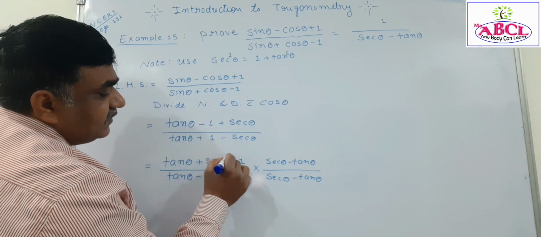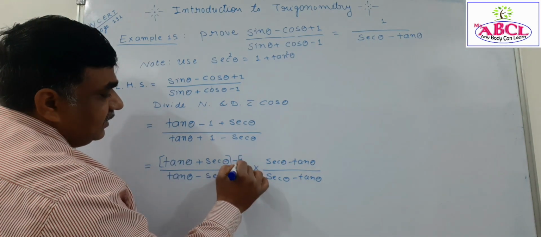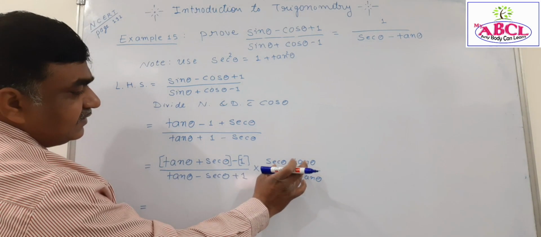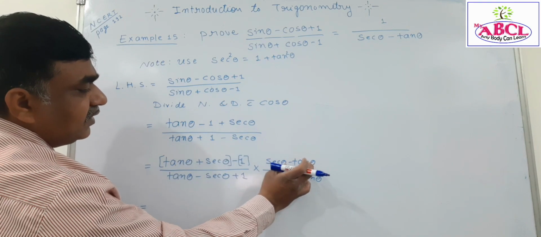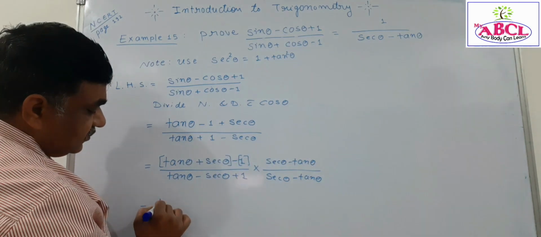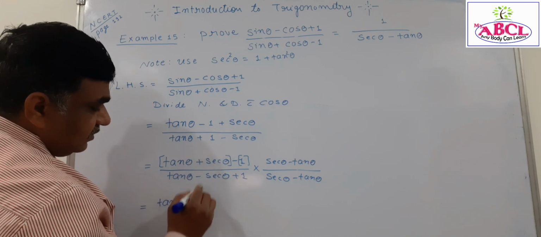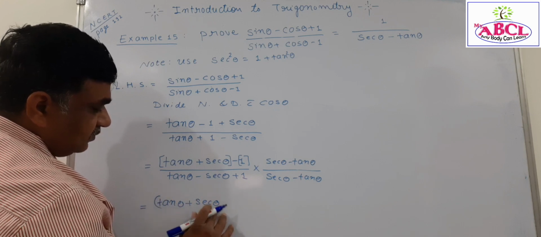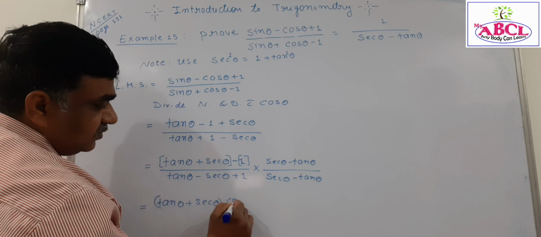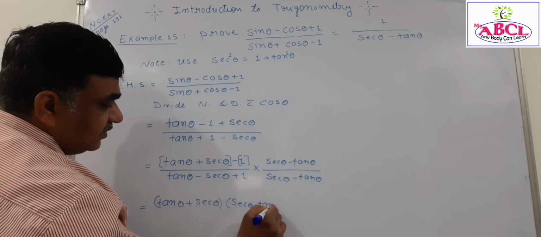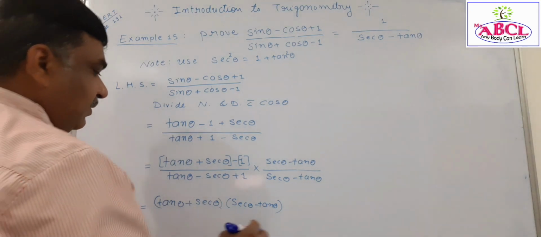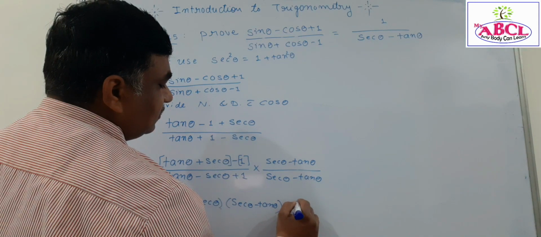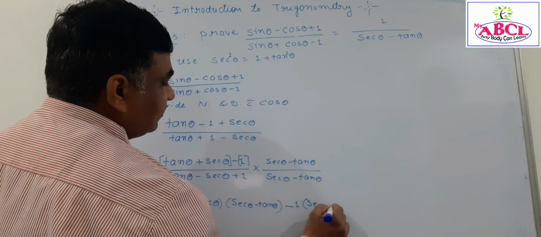Multiplying sec theta minus tan theta with this bracket: tan theta plus sec theta into sec theta minus tan theta, minus 1 into sec theta minus tan theta.